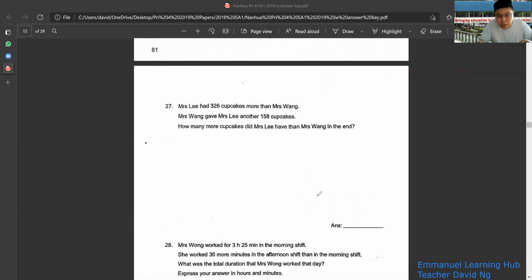Okay, this one, 27. What must you do with this question?